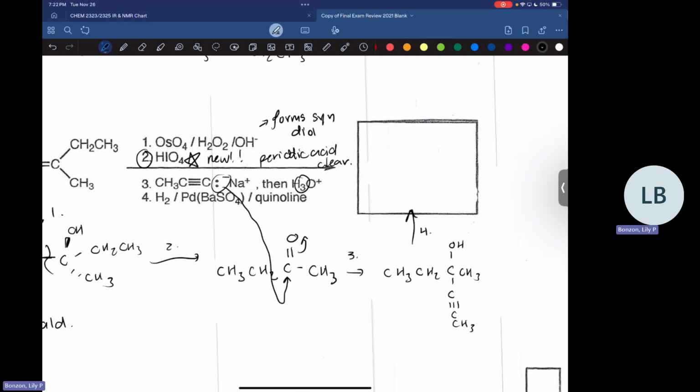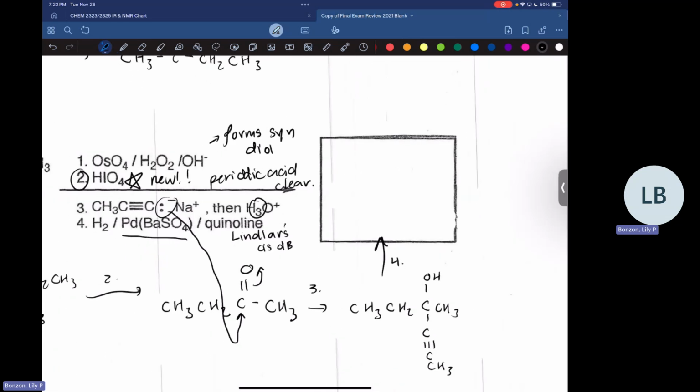And then step 4, we have H2, Pd/BaSO4 and quinoline. So this one's Lindlar's catalyst. And so this one forms the cis double bond. The Pd/BaSO4 prevents it from going all the way to the alkane. And we have to show the stereochemistry as well.